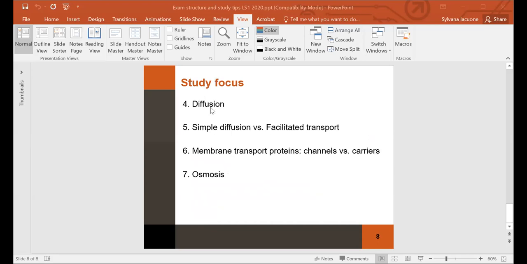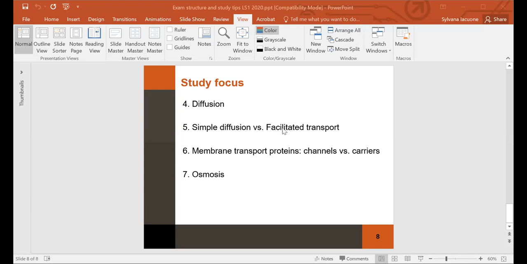All right, some additional tips for you. Study focus. Make sure that you really understand this concept of diffusion. Understand the differences and similarities between just simple diffusion across a biological membrane versus facilitated diffusion or facilitated transport.